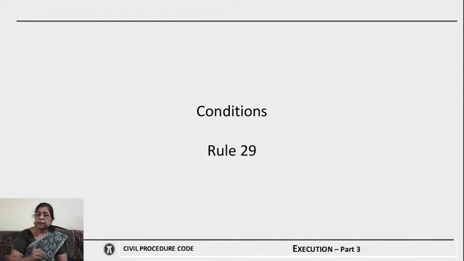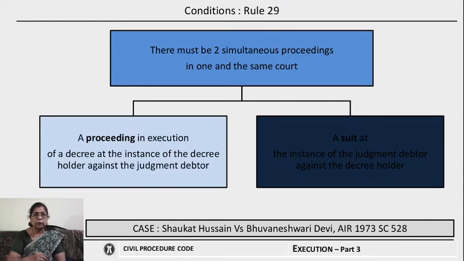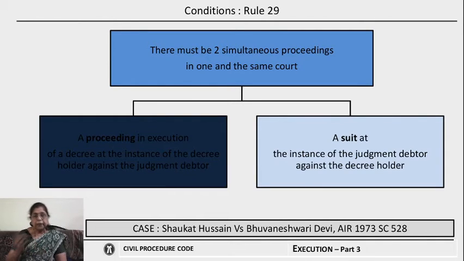Now, what are the conditions which have to be fulfilled under Rule 29? Basic thing is that there should be two simultaneous proceedings in one and the same court. Secondly, which are these two simultaneous proceedings? One proceeding in execution of a decree at the instance of the decree holder against the judgment debtor. So, there is a decree and the decree holder has filed a proceeding for execution. And in the same court, a suit is pending at the instance of the judgment debtor who has filed a suit against the decree holder.